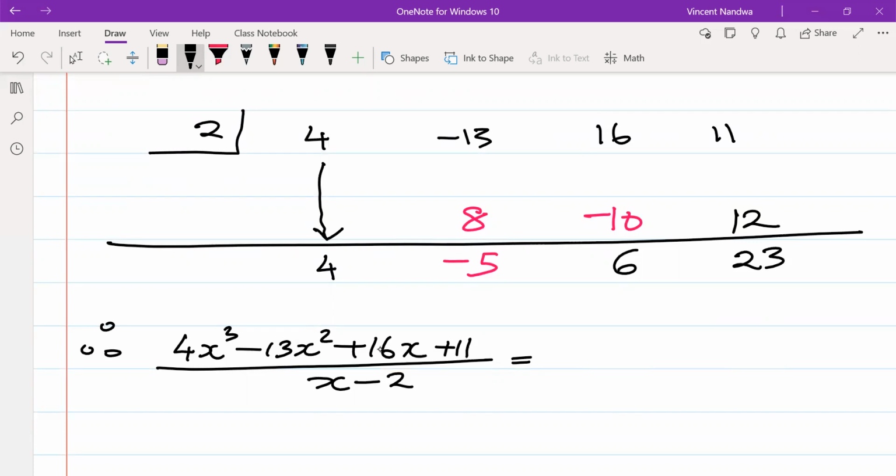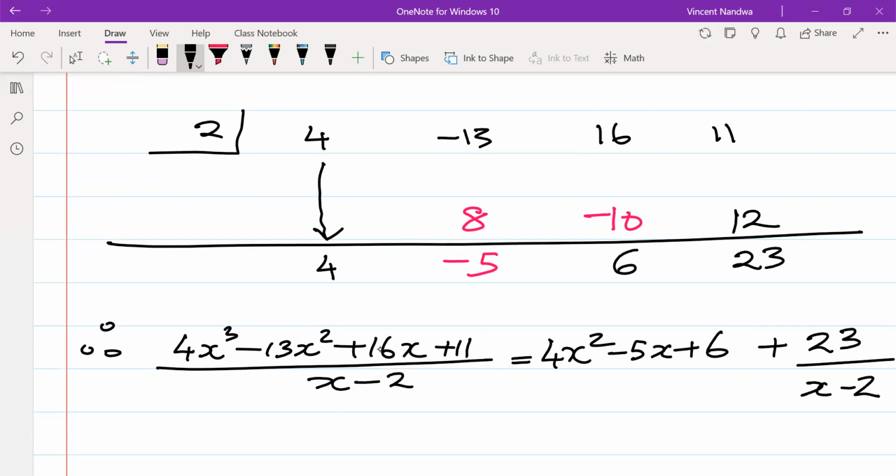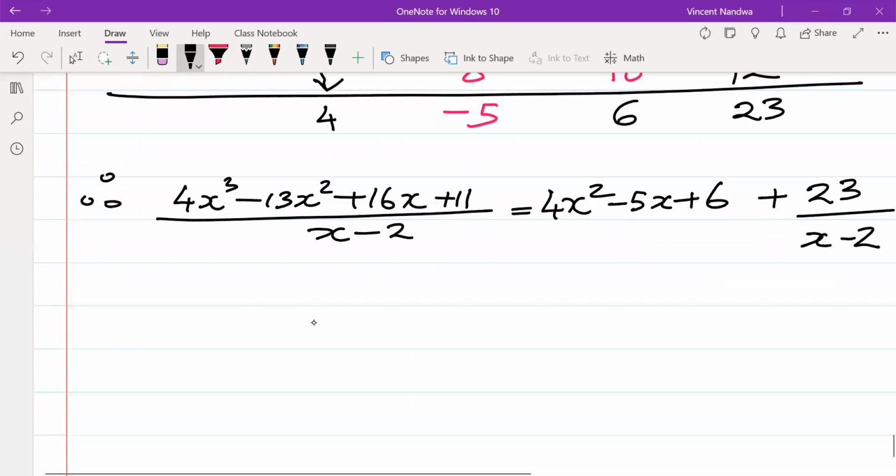Yes, because we saw this power 3, this power 2, so we expect the highest power in the quotient to be x power 2. So 4x power 2, and then plus the remainder over the divisor, which is 23 over x minus 2. Remember we said dividend over divisor is quotient plus remainder over divisor.